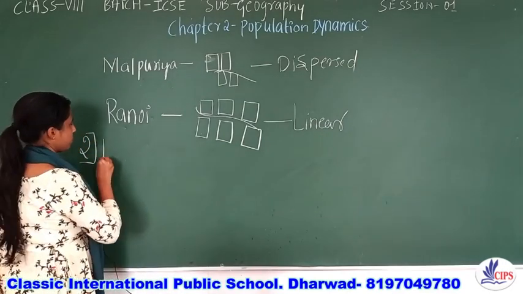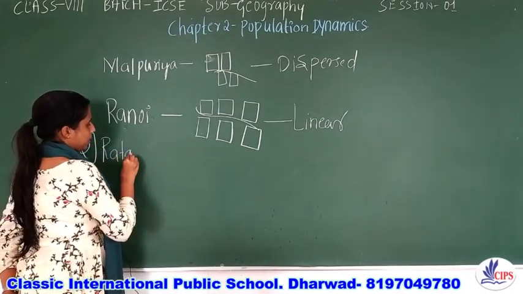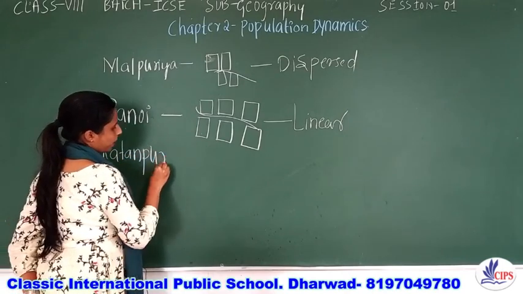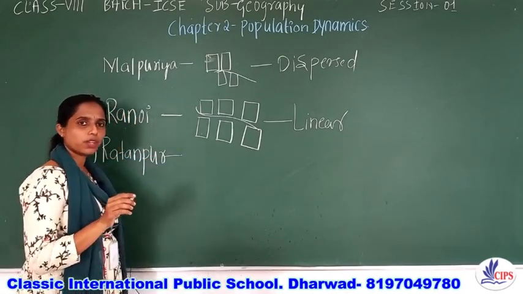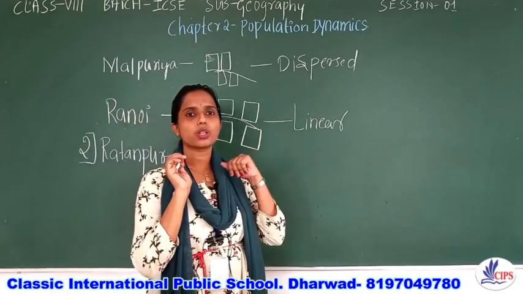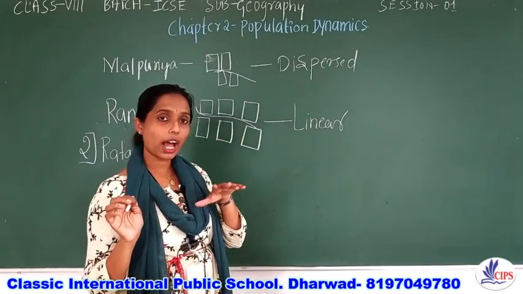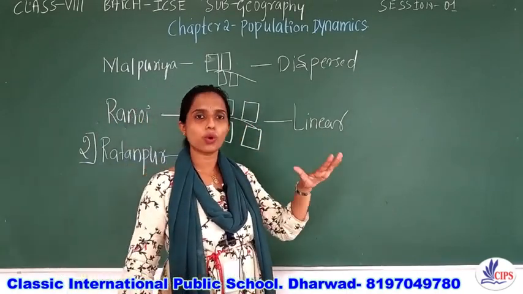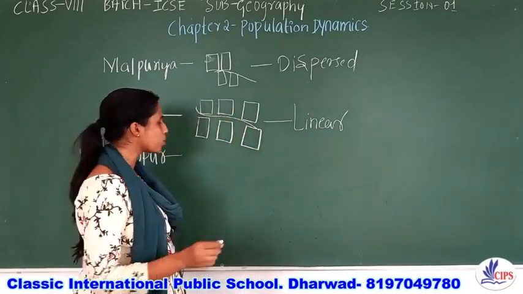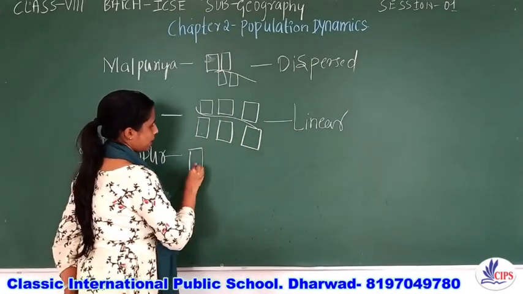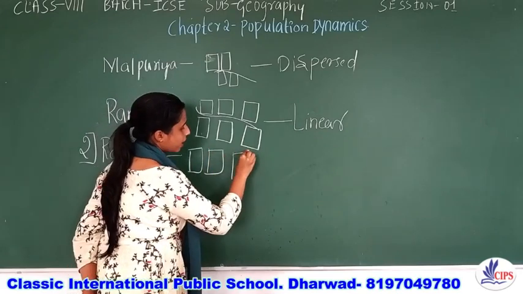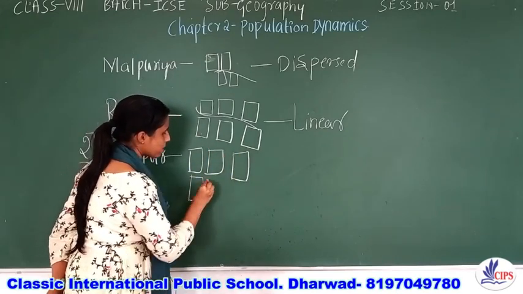Ratanpur. If you observe carefully, in Ratanpur, the houses are very close to each other and the number of settlements is also more. First thing, the houses are close to each other, and second thing, many settlements are there.